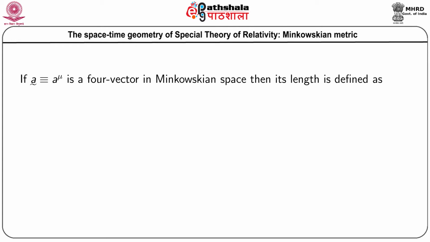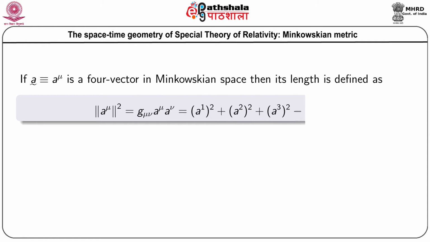Now, if a^μ are the components of a 4-vector in Minkowskian space, then its length will be defined as g_μν a^μ a^ν, and it will have this type of expression: a1 square plus a2 square plus a3 square minus a0 square.